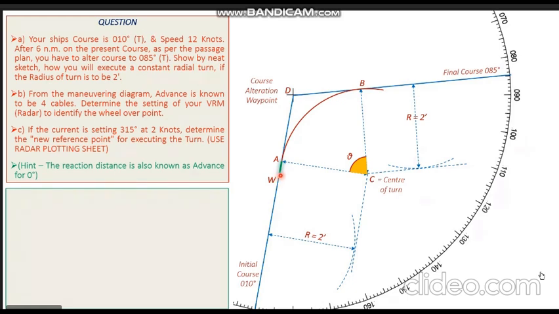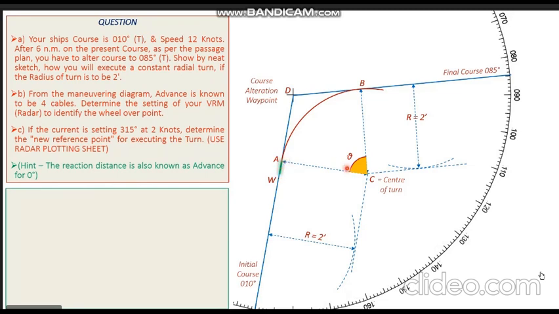So the vessel travels from point W, Whiskey, to point A, Alpha, and takes this much time to react to the helm order. And once this reaction time or reaction distance is covered, after that the vessel responds to the helm and starts to move on the curved path. So we have the wheel over point on our plot now, represented by W, Whiskey.